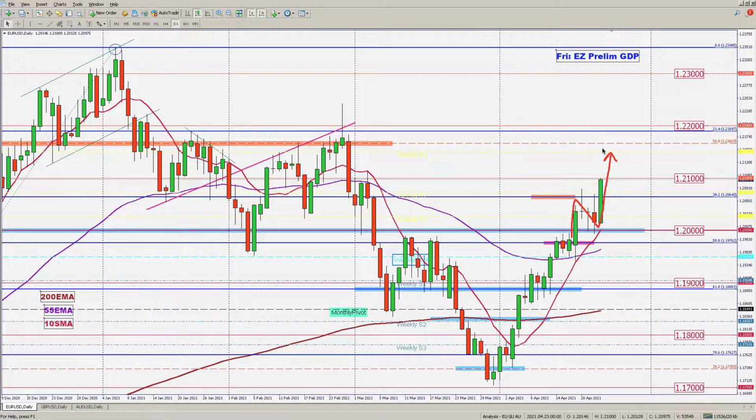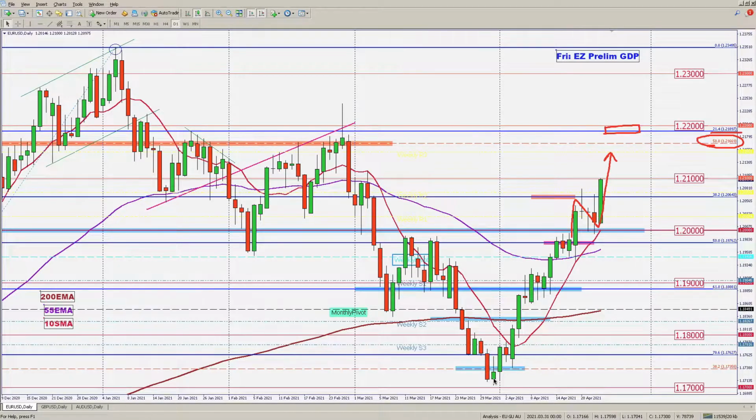It could be bullish momentum continuing next week to retest this 50 fib retracement area, and then perhaps this will be a key resistance zone at the 122 and the 21 fib retracement level.